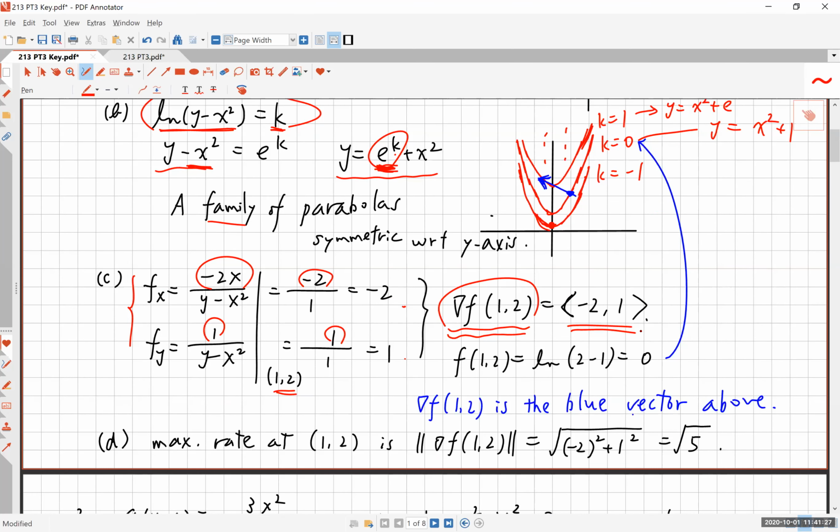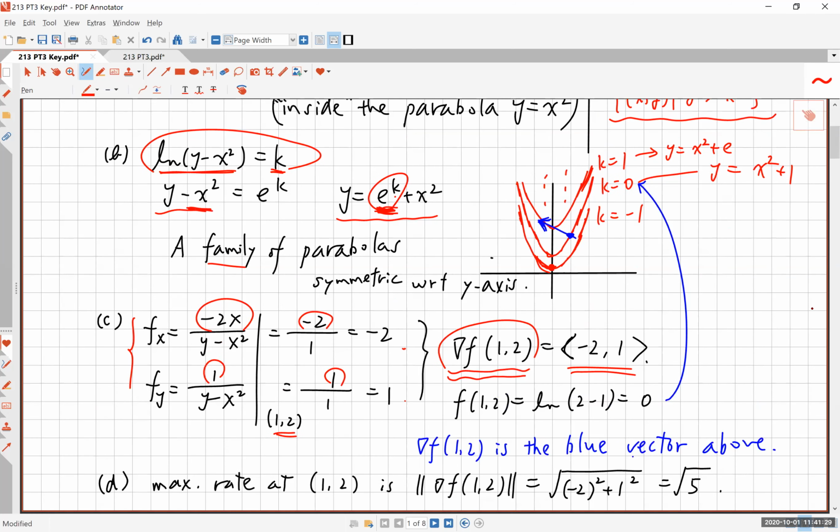And you are to draw this at the point (1, 2). You can see I have done that right here. This is the point (1, 2). What you are to do is to draw this vector, which is (-2, 1), so it'll be in this direction.